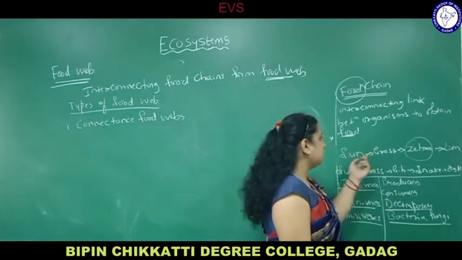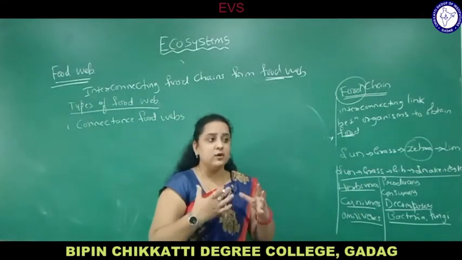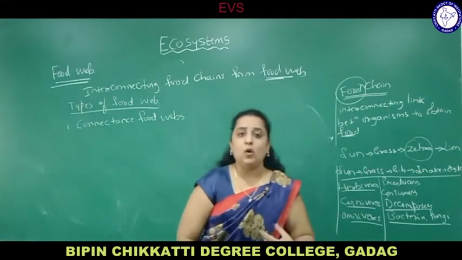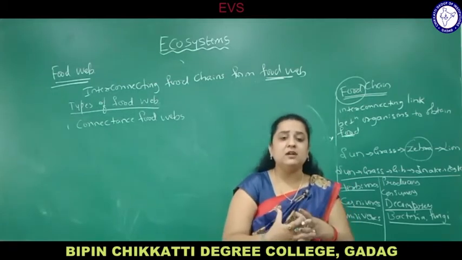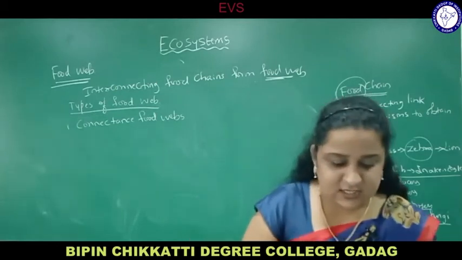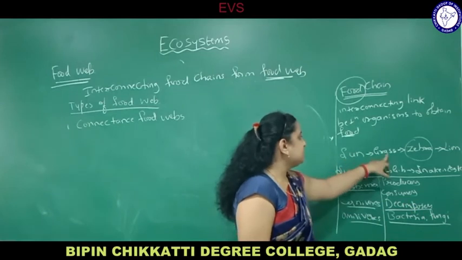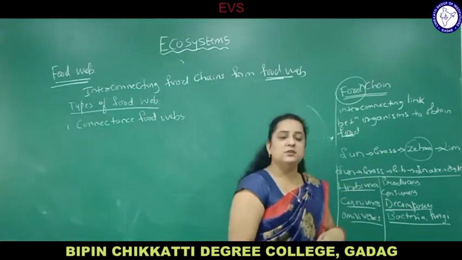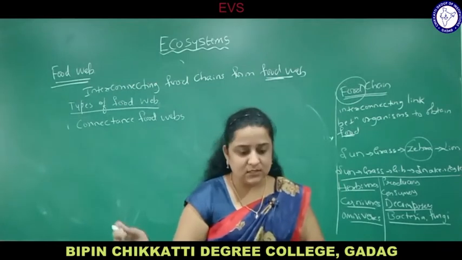As you can see, the arrow is depicted in the food web, showing that it is connected to all other organisms or all other food chains. So it is a connecting link between different food chains, which is called a connectance food web. One species is being consumed by another species, and we depict it with arrow marks.